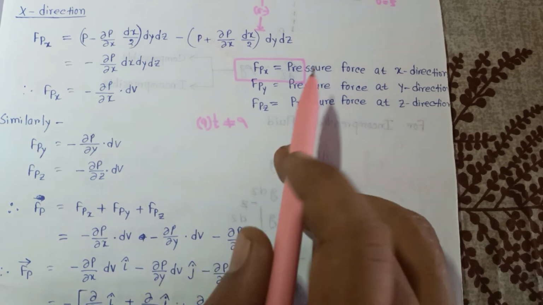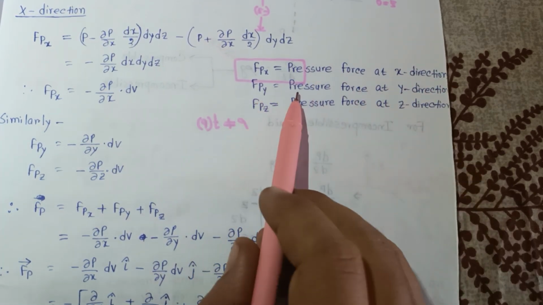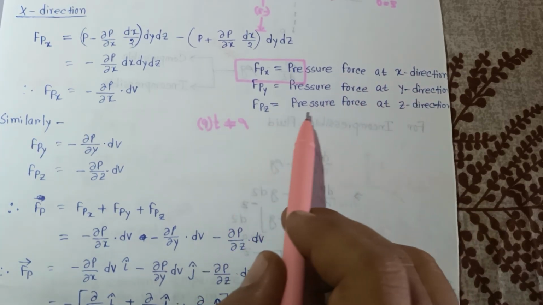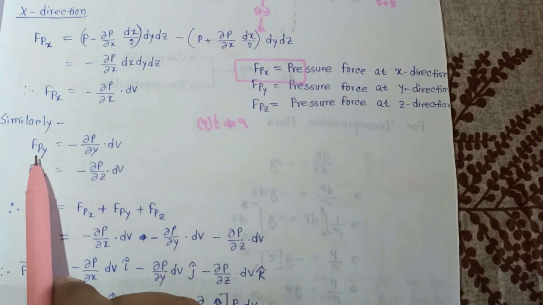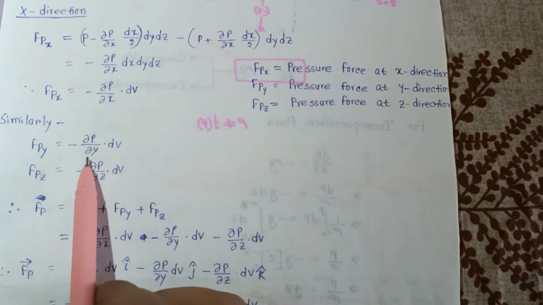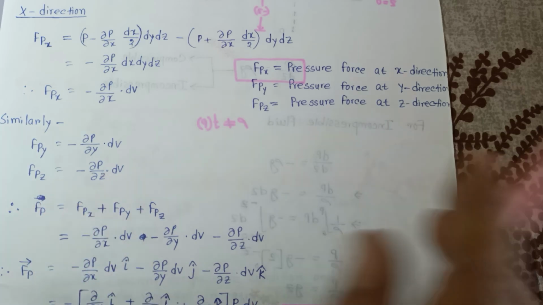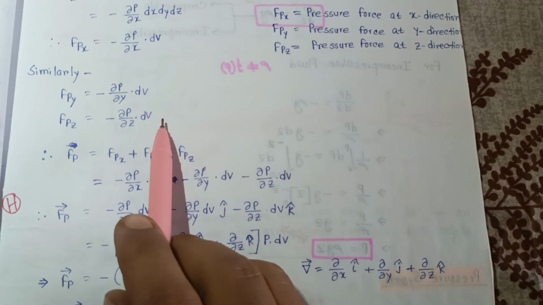Here Fpx is the pressure force in the x direction, Fpy in the y direction, and Fpz in the z direction. Similarly Fpy equals minus del P by del y into dV, and Fpz equals minus del P by del z into dV.